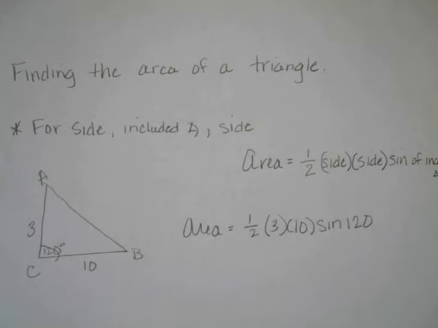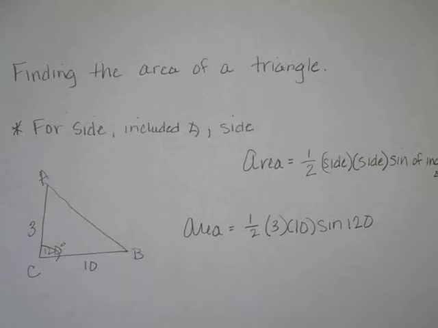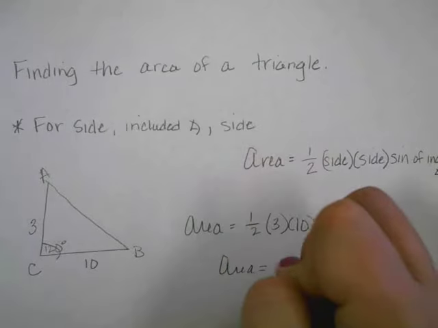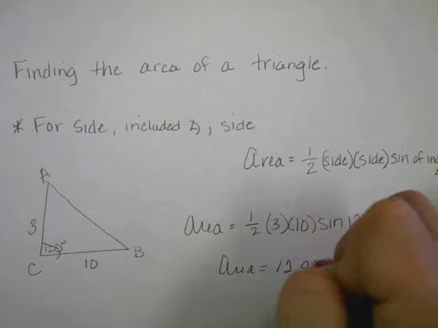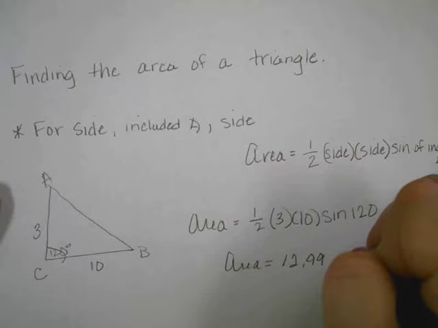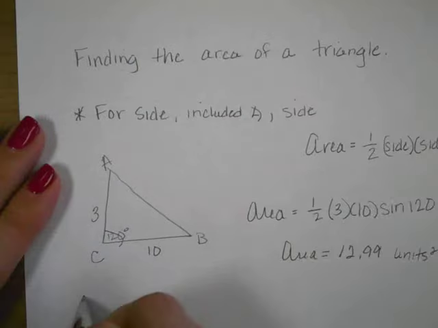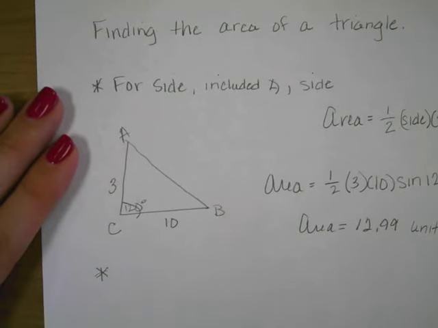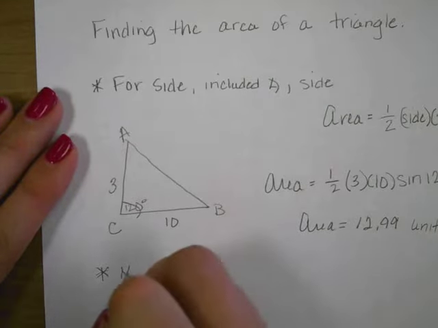All of that goes into your calculator. So 1/2 times 3 times 10, so it's 15, times the sine of 120. And so my area is about 12.99 units squared, or about 13 units squared. Again, major key is you must have the angle in between the two sides.